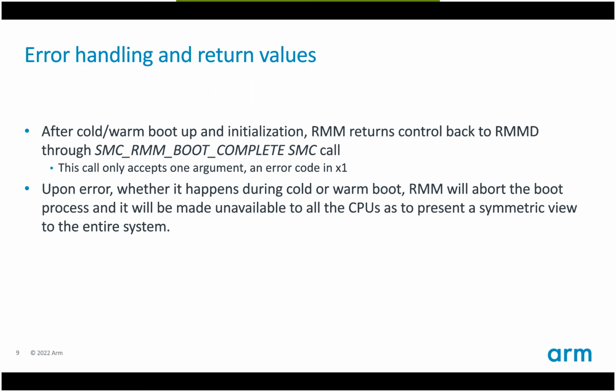And if RMM was able to boot up on any other PE before this PE failed, it will be disabled for those PEs. They also won't try to boot up on any remaining PEs. This is just to allow us to present a symmetric view of the RMM to the system. So if RMM fails, even in one of the PEs, it will be disabled completely in the whole system.